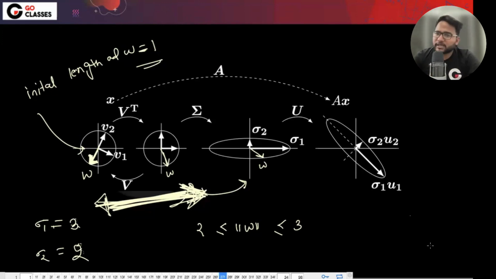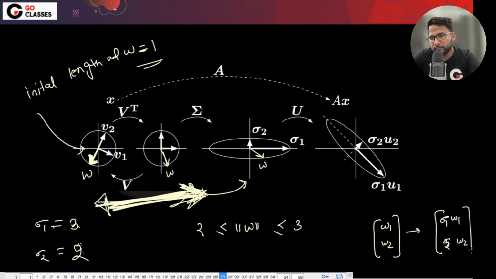So the first dimension, as I showed you, for any vector, if it is w1, w2 before, then can you tell me after multiplying by this, it will be sigma 1 w1 and sigma 2 w2, right? Something like this.